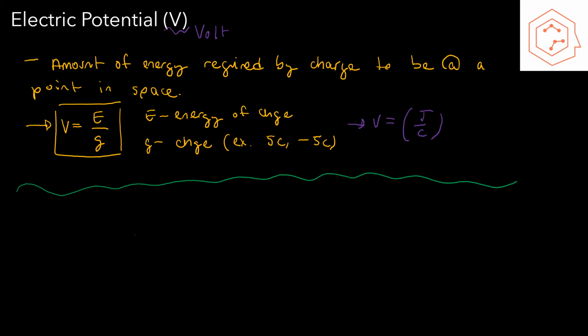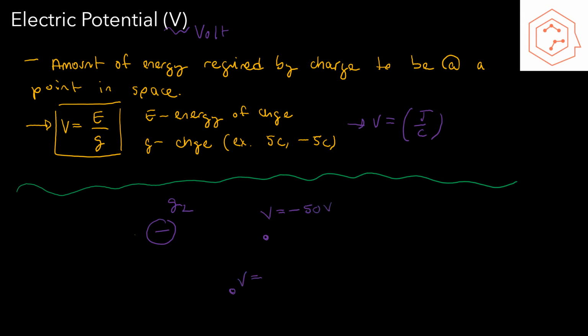Now instead of having a positive charge in a region of space, let's suppose I have a negative charge in this region of space. So Q2. Then every single region in space beside Q2 is going to have a negative potential V. So over here, let's say it's going to be negative 50 volts.